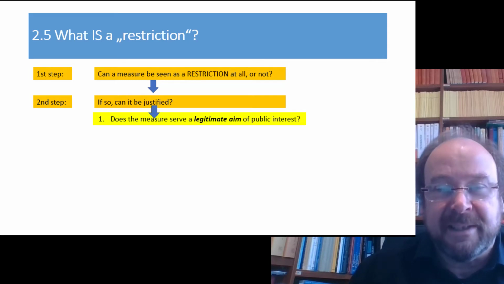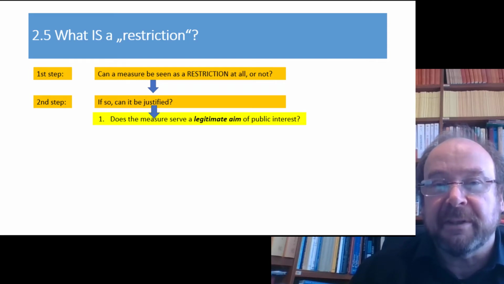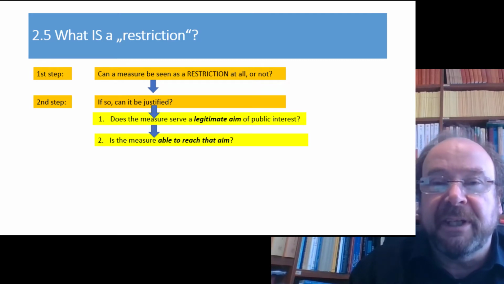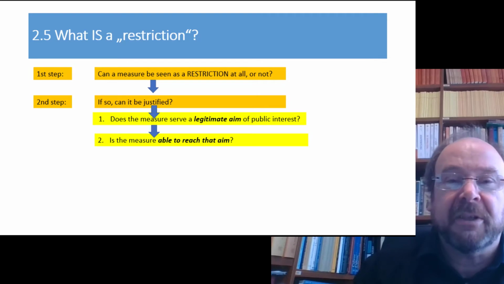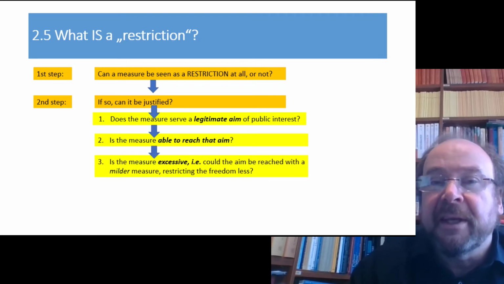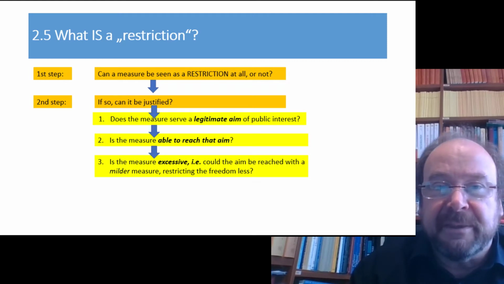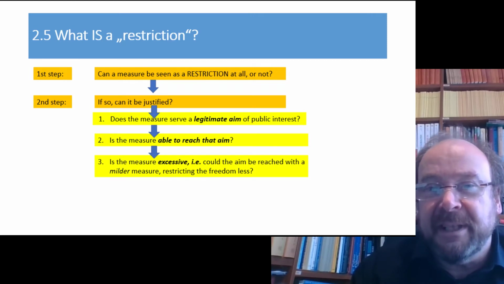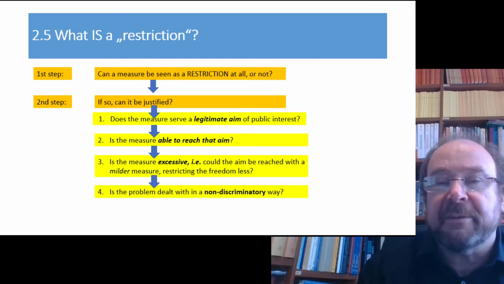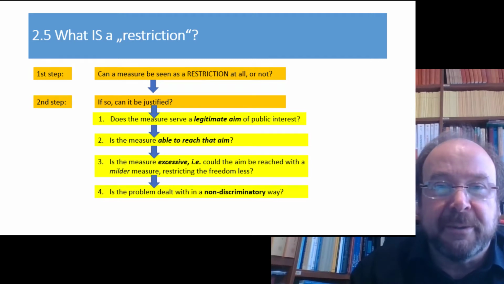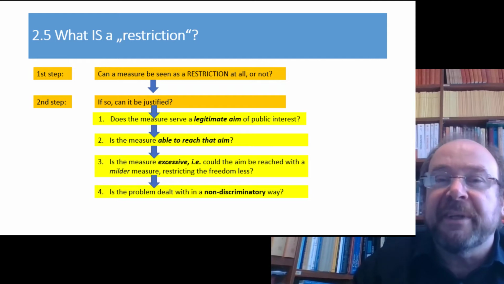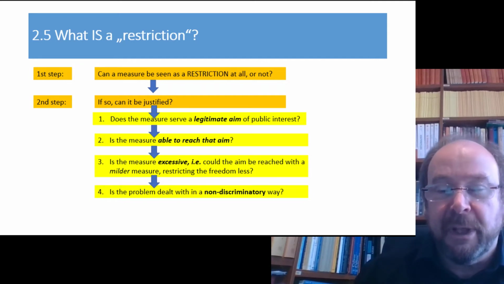There were four criteria. I hope you remember them. The first is, does the measure have a legitimate aim of public interest or public policy? Is that measure at all able to reach that aim, or is it a nonsense measure? Is the measure excessive? So does it restrict the fundamental freedoms more than would be necessary to reach that aim? And the fourth aspect was, is the problem in question, so the problem which you need that restriction for, dealt with in a non-discriminatory way?